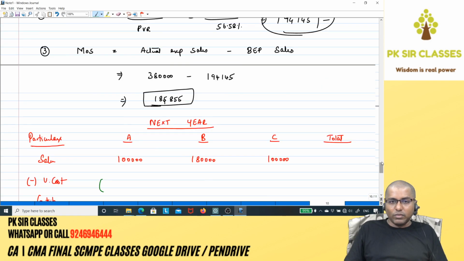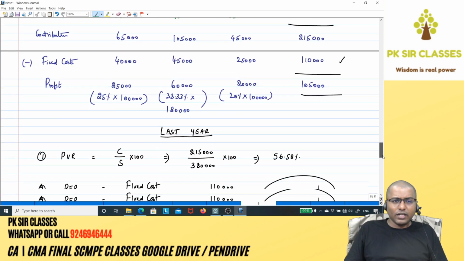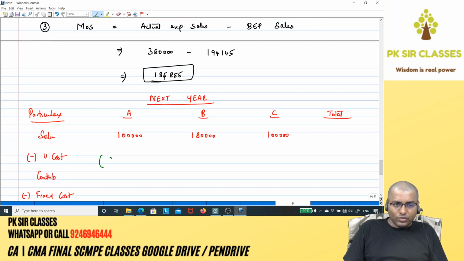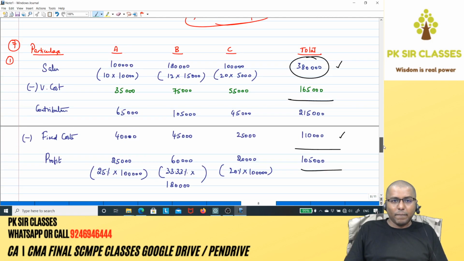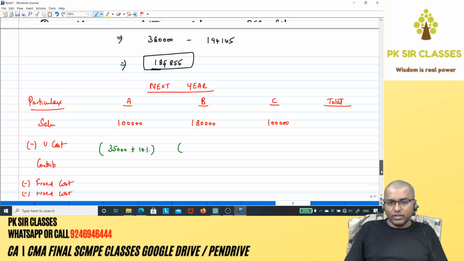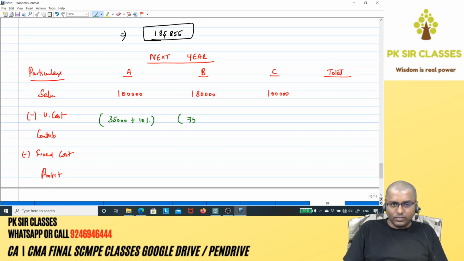So what is the old variable cost? 35,000 for A, so 35,000 plus 10%. For B, 75,000, and for C, 55,000. 75,000 plus 10%, and 55,000 plus 10%. That implies 35,000, I can directly multiply with 110%. 38,500.